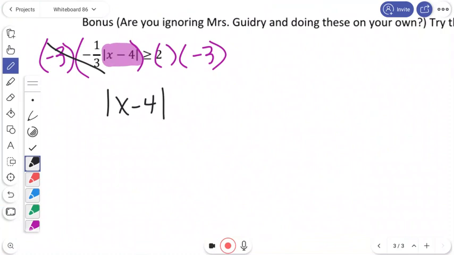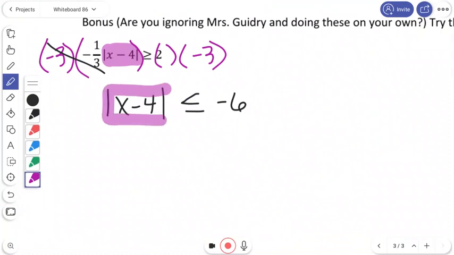Your inequality symbol is going to flip because we multiplied by a negative. Don't forget that when you multiply by a negative, your inequality symbol flips. And then 2 times negative 3 gives us negative 6. Now our absolute value expression is isolated. Is this going to be an and problem or an or problem?